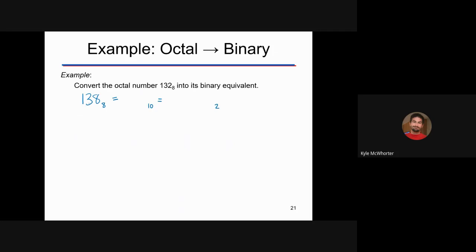All right, so to convert into base 10, all we do is the weighted multiplication. This number is octal, so we have the ones place, then we have the eights place, and then we have the 64s place.